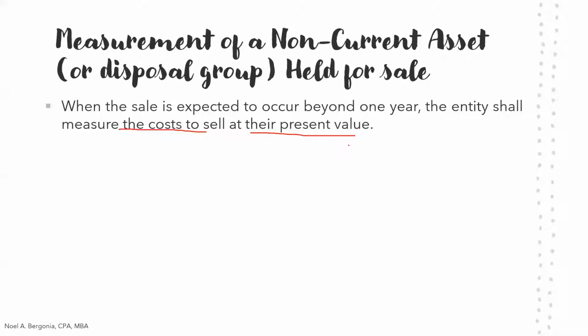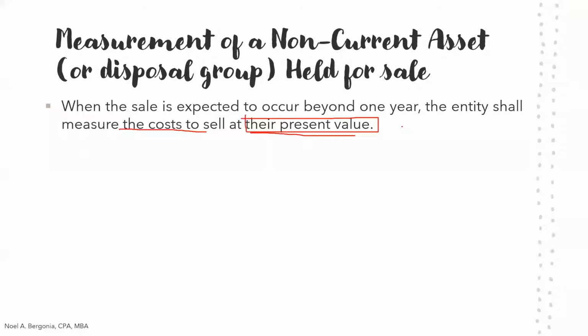Let's say, for example, within 2 years, because of something like the pandemic, there are restrictions in travel, or the delivery or that particular sale is being hindered by an event that is beyond the control of the entity, please take note that the cost to sell should be computed at present value.